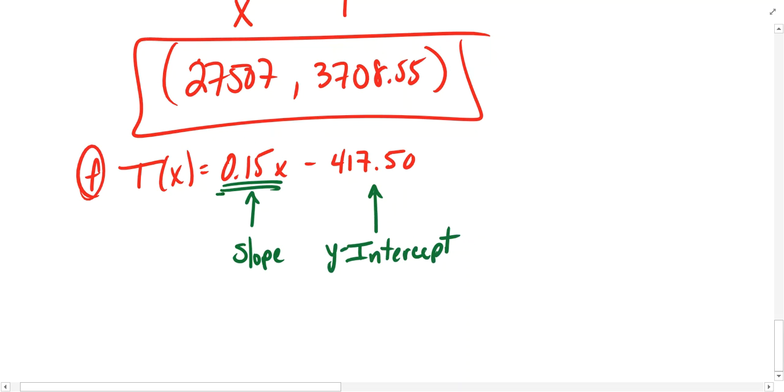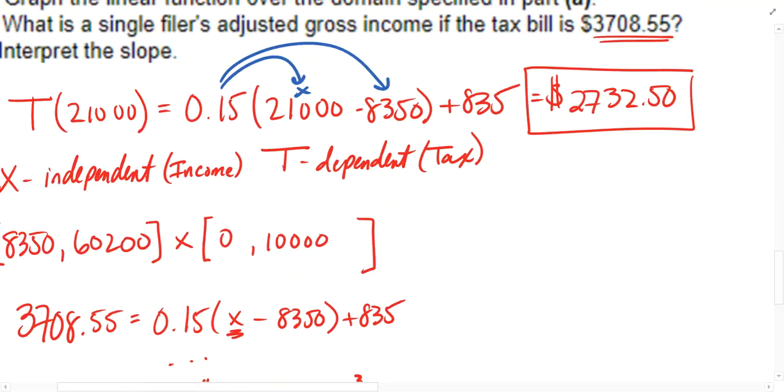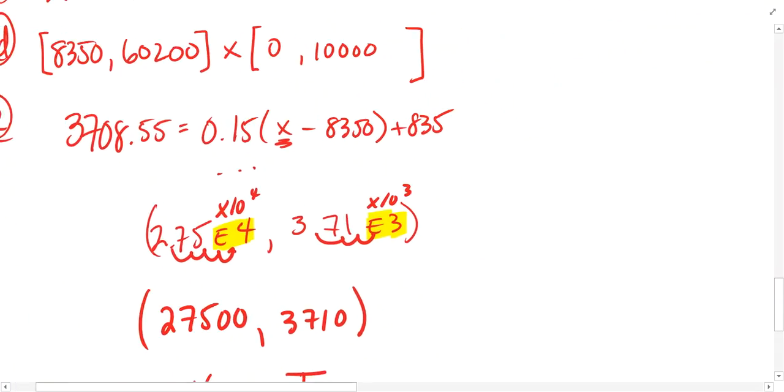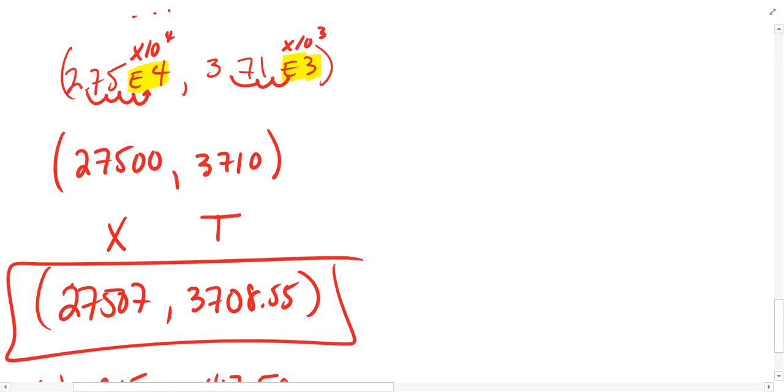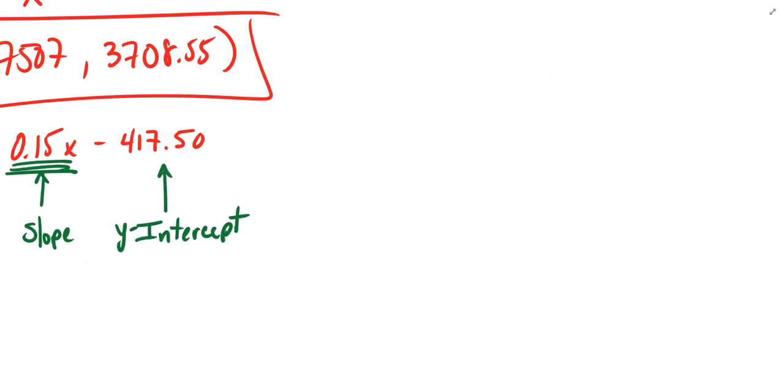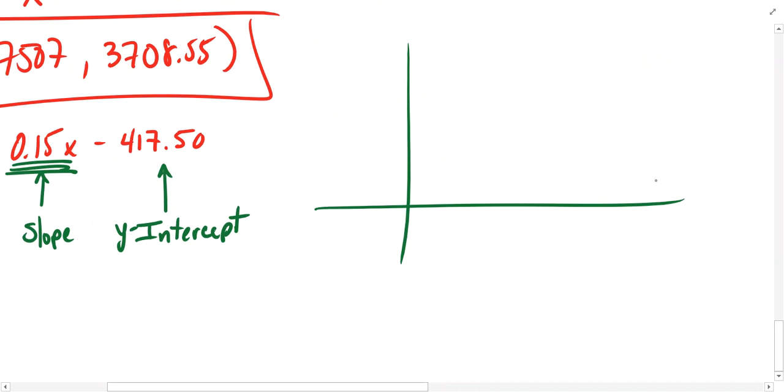So what does this 0.15 mean? Well, a lot of times slope is identified as a fraction, and the fraction is always our y component over our x component. Let's think about the y-axis and the x-axis here for a moment. I'll just generate this picture here by hand. The y-axis ended up being our tax dollars, and the x-axis was our income dollars.